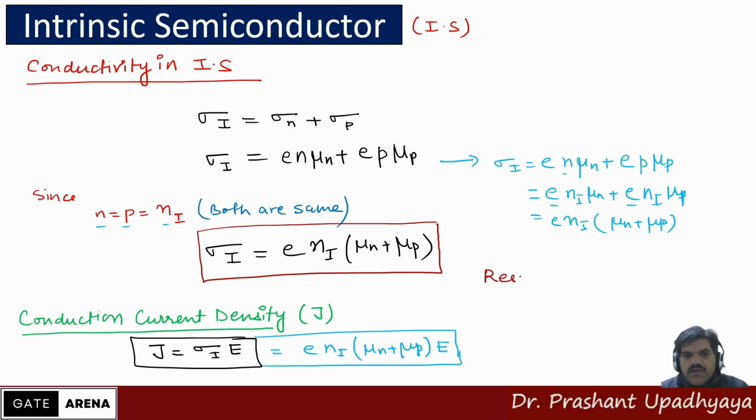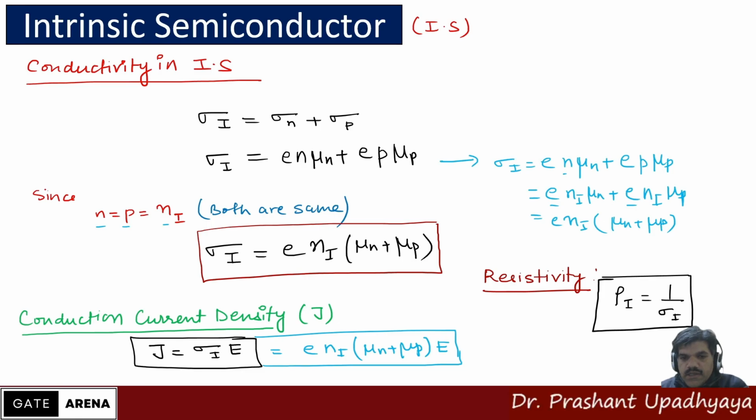Moving ahead, we can also define the resistivity, which is the reciprocal of the conductivity. The resistivity is represented by the symbol rho, and we can write rho I is equal to 1 by sigma I. This is the resistivity of an intrinsic semiconductor.